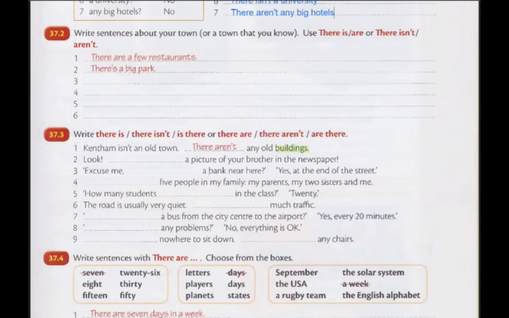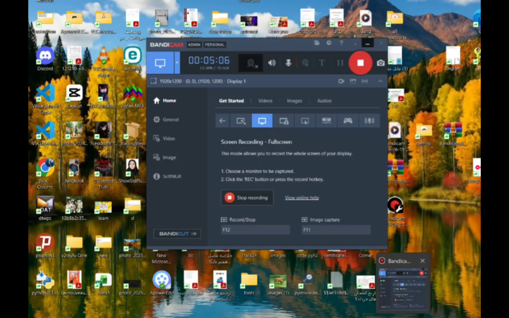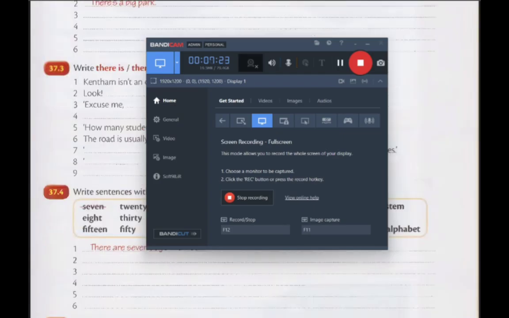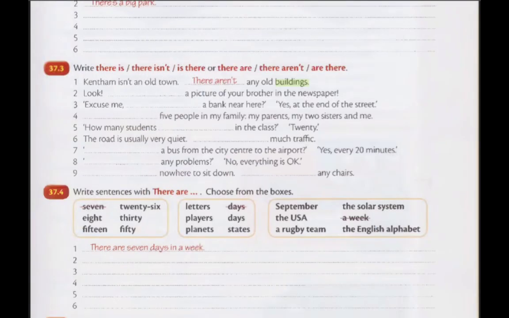I should say nowhere to sit down. There is nowhere to sit down. There aren't any chairs. You should say, yeah, I think this is right. Let me check, guys, wait a minute. Yeah, guys, it was there aren't.